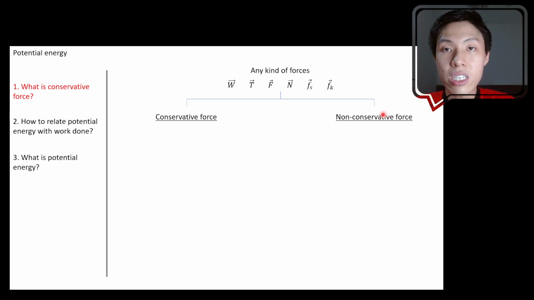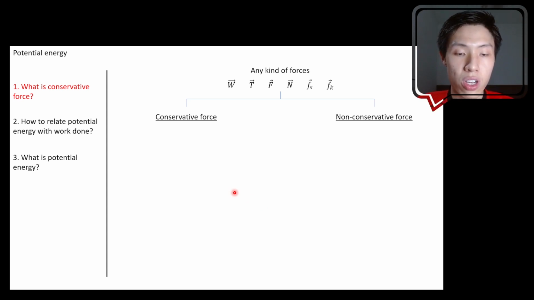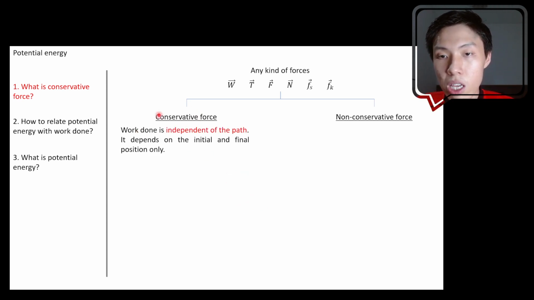So what is the characteristic of work done that we are interested in to classify them into conservative or non-conservative force? We look at whether the work done is dependent on the path to go from the initial position to the final position or not. If a force is conservative, the work done is independent of the path.